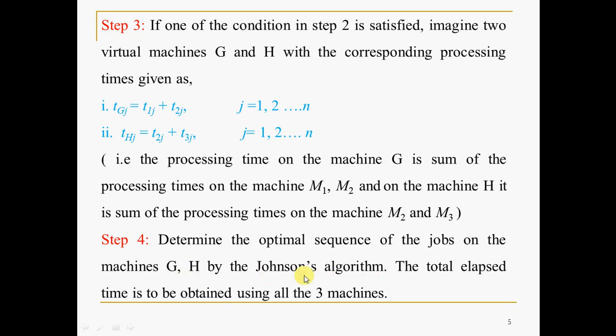Please note that this concept of assuming virtual machines G and H is limited only to obtaining the optimal sequence using Johnson's algorithm. Afterwards, once you get the optimal sequence, to obtain the total elapsed time you are supposed to take all three machines into consideration. In fact, you have three machines in the picture, but for your convenience you have made them into two virtual machines.